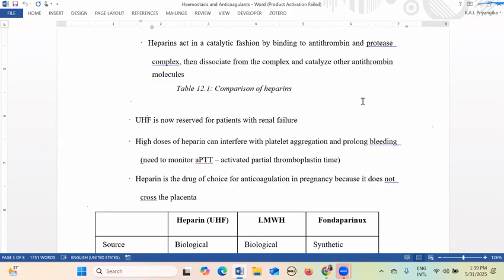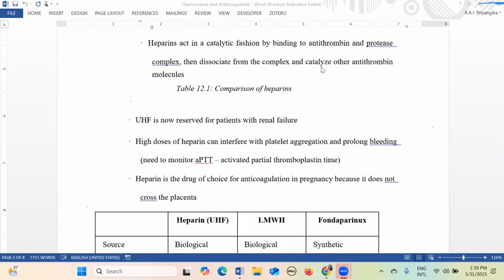Heparins, in high doses, can interfere with platelet aggregation and prolong bleeding. Therefore, the activated partial thromboplastin time, or APTT, should be monitored if heparins are used in high doses.